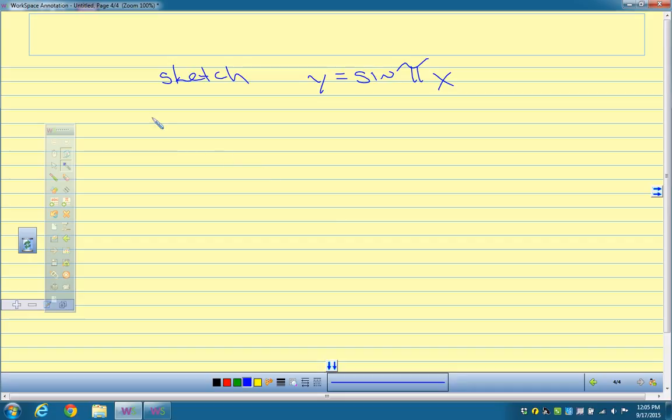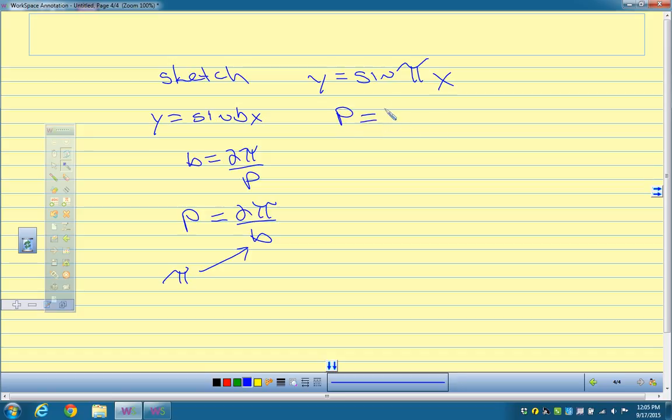Well, in your equation, y equals sine of bx, this number is b, right? And remember that b is equal to 2 pi over the period, and the period is equal to 2 pi divided by b. So if I plug in pi in here, what do I get out? 2, okay? So the period of this is equal to 2.